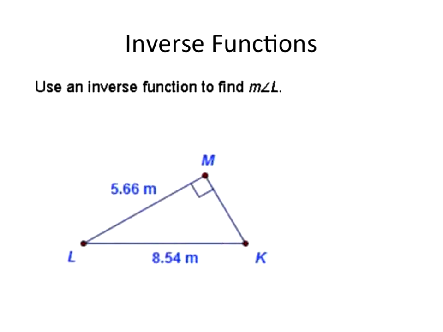It says use an inverse function to find the measure of angle L. So let's circle angle L. Can you please label your sides of your triangle opposite, adjacent, hypotenuse? Technically, you should label hypotenuse first.